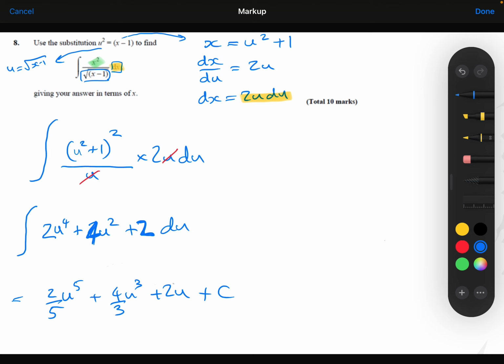Now, I'm going to do a little bit of simplification here at this stage, because I can see that I could factorise a u outside here. I've got a u here, a u within here, and a u within here. So I'm going to factorise a u outside.